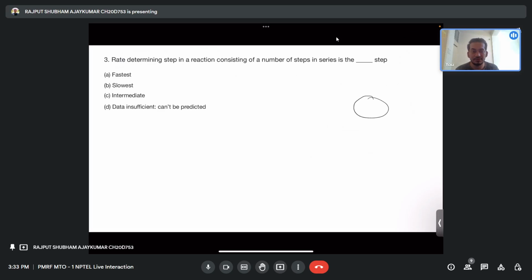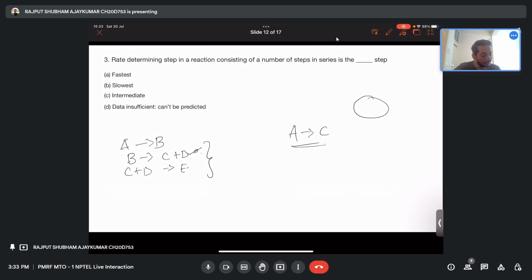You can consider the surface of a catalyst, and I have to give A to C. In order to get the product C, A gives B, B gives C plus D, where D is the undesired product, and C plus D gives A. Or you can relate this example with some other thing, because there are many different ways to relate the desired product and undesired product. So in order to avoid the confusion, I will talk it out.